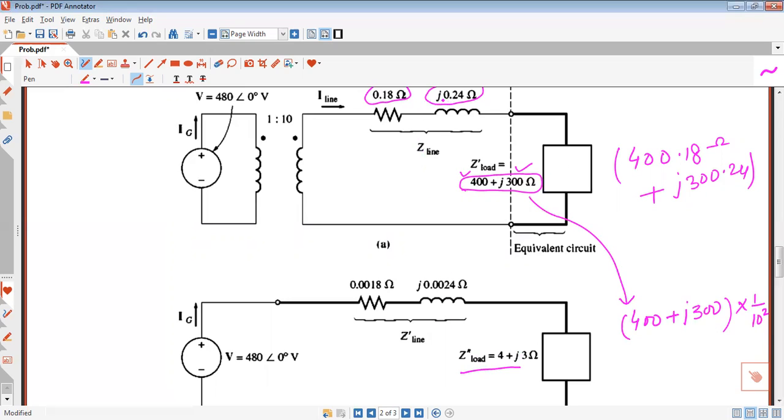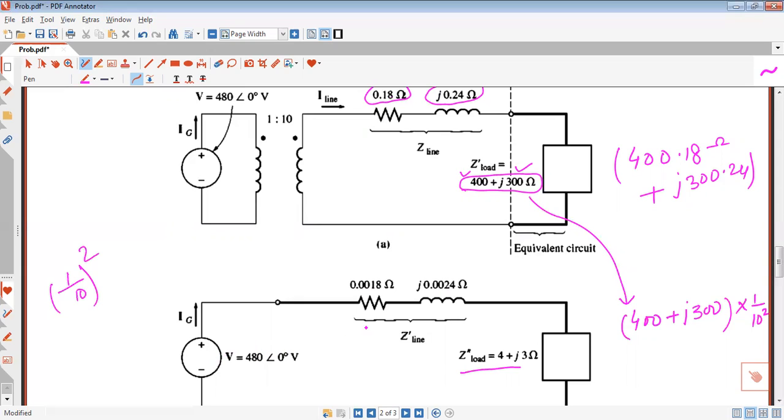And this impedance we also have to divide by 100 because we are moving this to the primary side. So here the turn ratio N1 by N2 is 1/10 squared. So we have to multiply this value by 1/10 squared and this also by 1/10 squared, means we have to divide it by 100. So by dividing it by 100, it will be 0.0018 and it will be 0.0024.